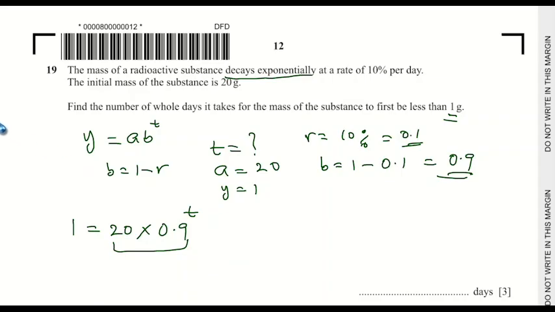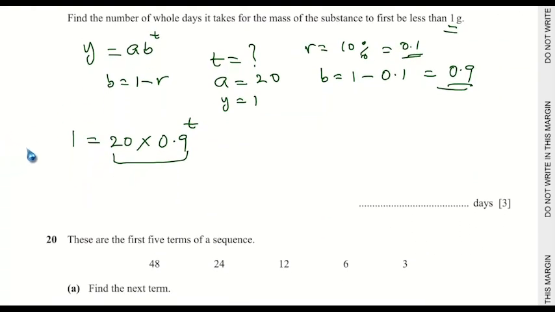Since I want to use the trial and improvement method, instead of using the equality, I'm going to say 1 is greater than 20 multiplied by 0.9 to the power of t. If I want to use the ln function, I can use it directly from here, and it gives the exact value of t. But since I want to use trial and improvement, and because I've done this one before, I know the value of t.